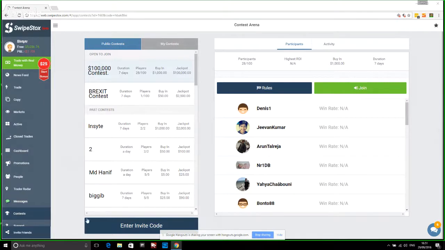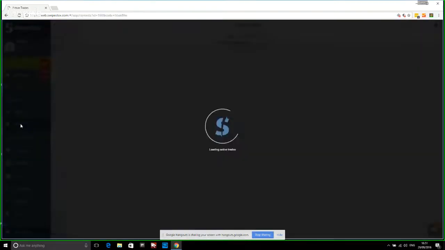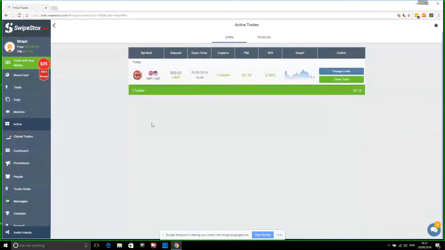In the meantime, just going to look at how these trades are doing. So you made a very little bit of money here on the pound. No pending trades.